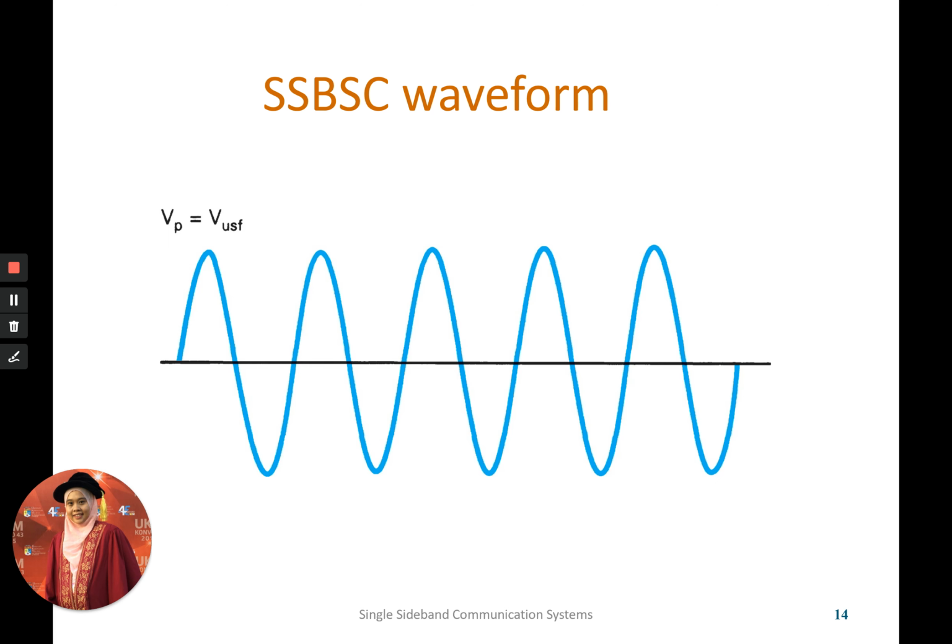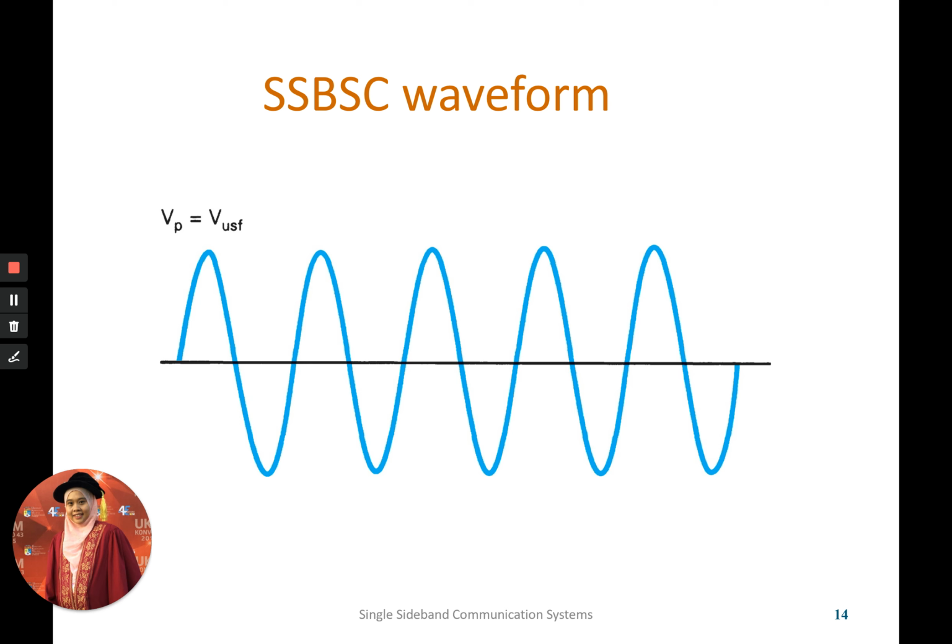Okay. For the single sideband suppressed carrier, since the carrier has been eliminated from the system, you will see that the output of SSB suppressed carrier is just a simple sine wave shape.